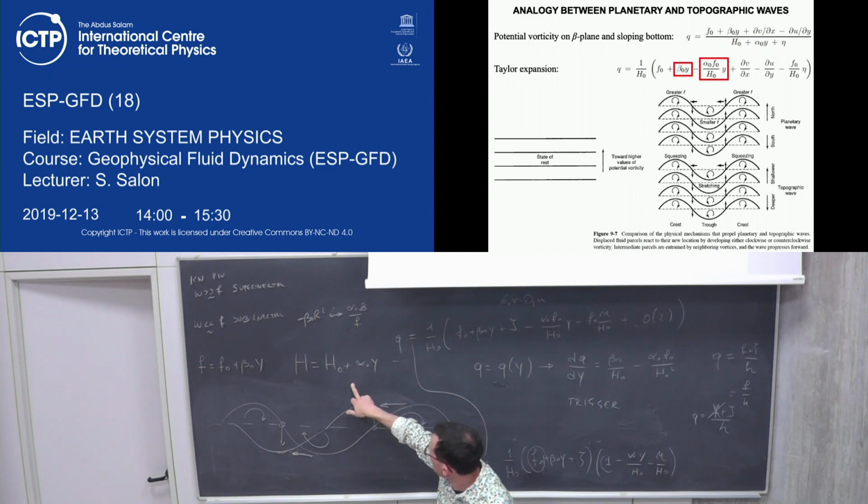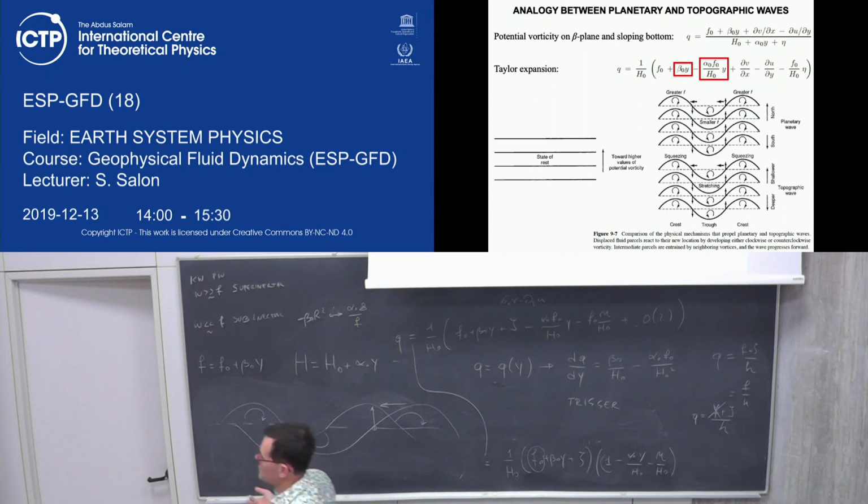You can create a tank with a topographic effect, with alpha 0 as small as you want. And with this, the same effect of the topography, you can also have it on the Rossby waves. Okay? So it's a very powerful analogy, especially if you want to work on a rotating tank.